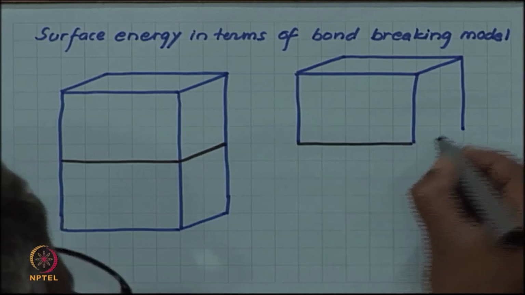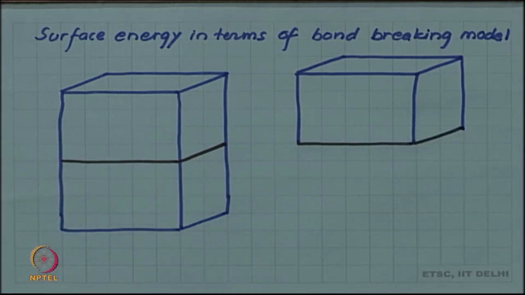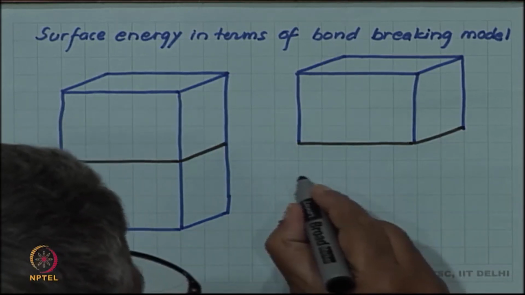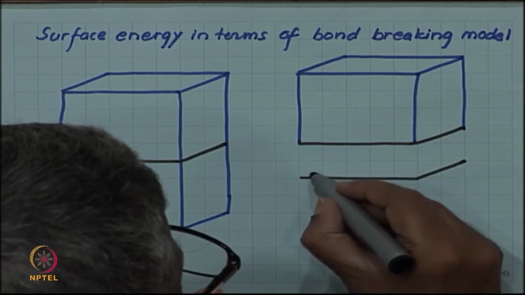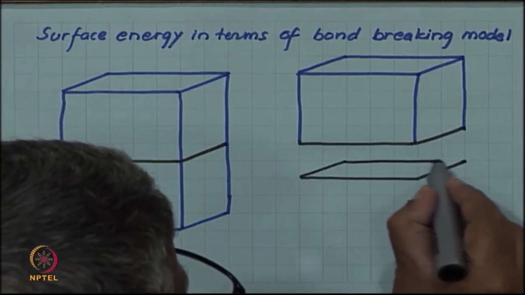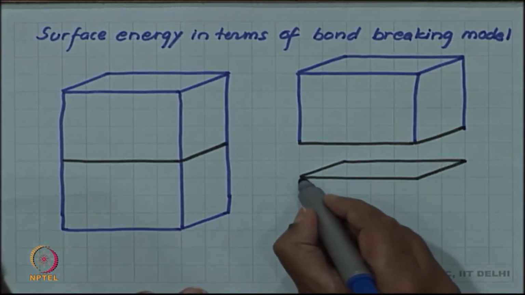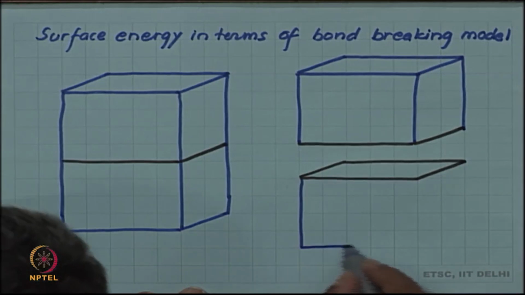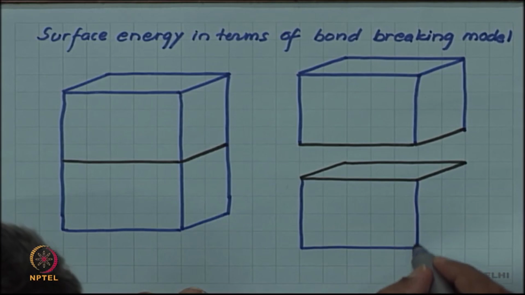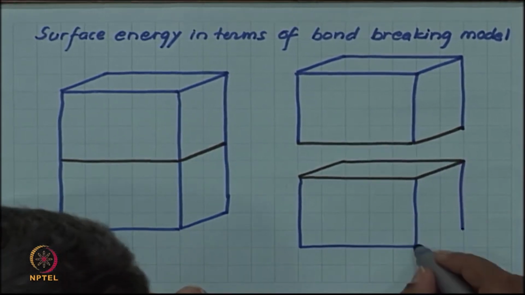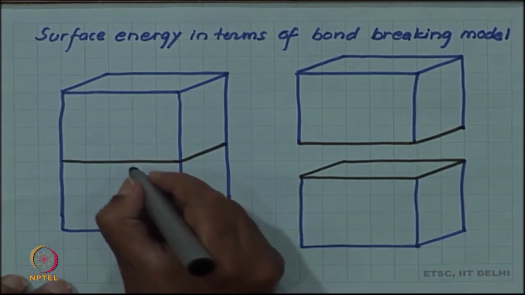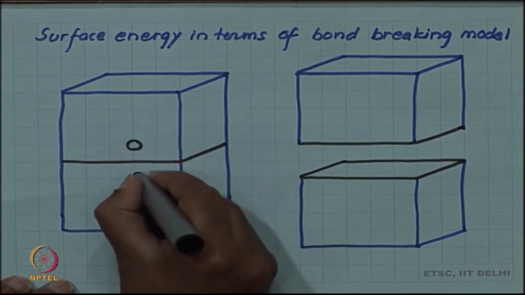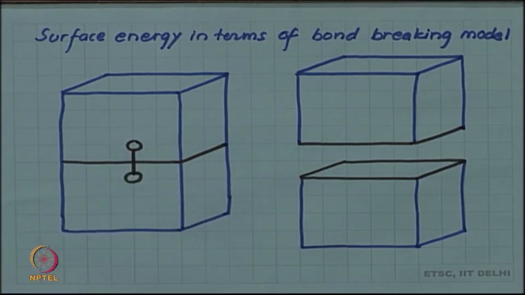I have broken this on this black plane. Now, for atoms sitting on this plane, let us think of an atom here and an atom here, which were bonded through this bond.